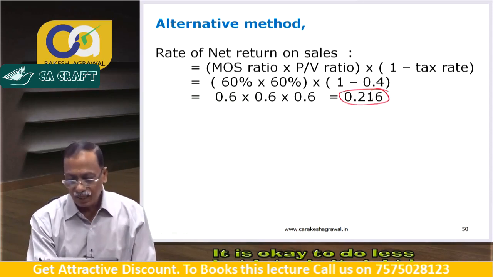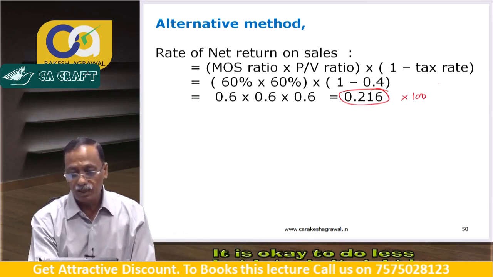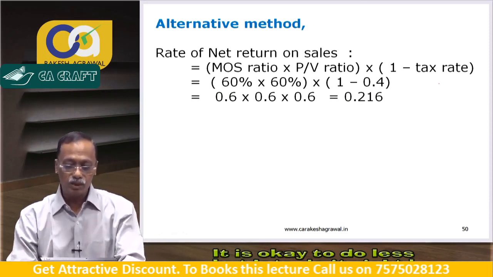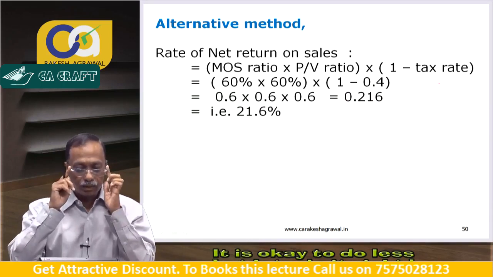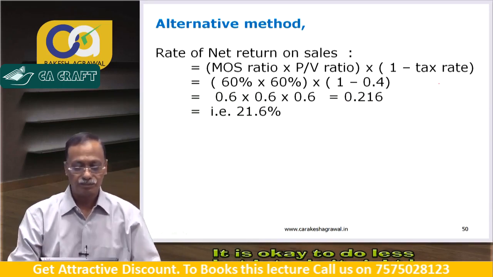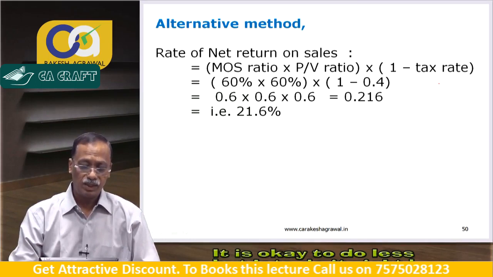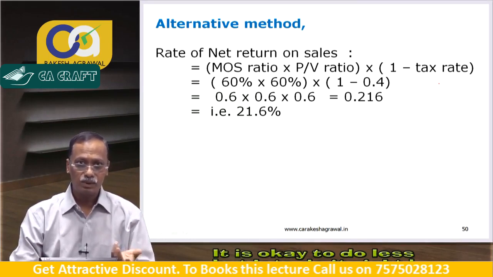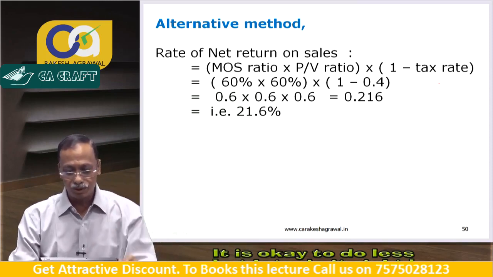My dear friends, if you multiply 0.216 by 100, it gets converted into percentage. So 0.216 is as good as 21.6%. Same answer. 21.6%. Got it? It's a very shortcut approach instead of going through the long cut.